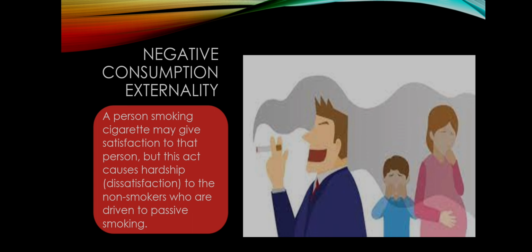So this is an example for negative externality. The other persons who are not consuming, who are not paying, who are not directly involved in smoking are affected by the consumption of cigarette by an individual. So this is an example for negative consumption externality.